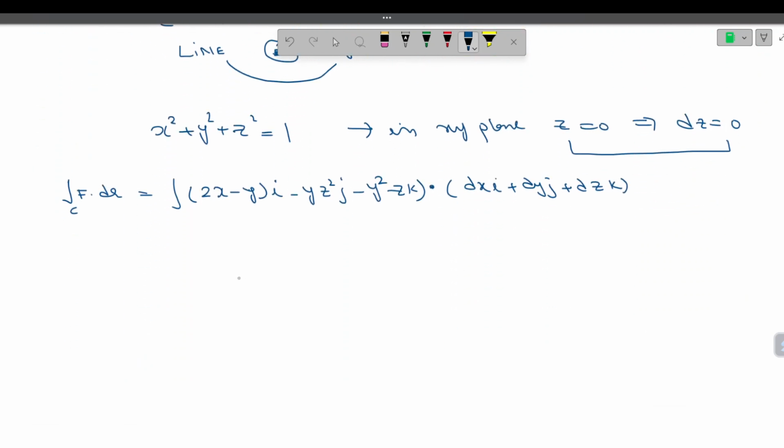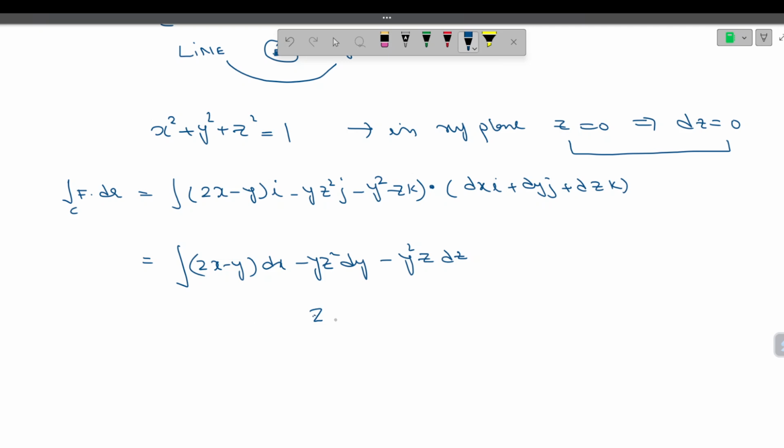Now i dot i is 1, so we are left with 2x minus y dx. j dot j is 1, this is minus y z square dy, minus y square z dz. This is the first part, f dot dr. We did not put any limits on the integration yet.